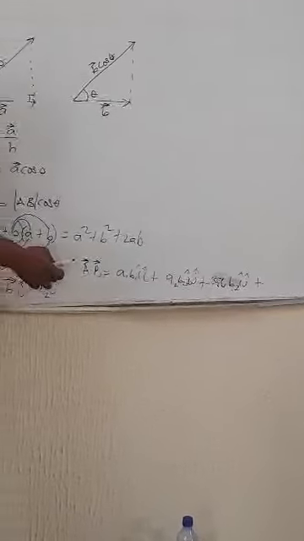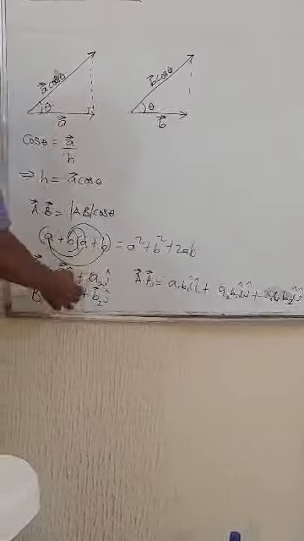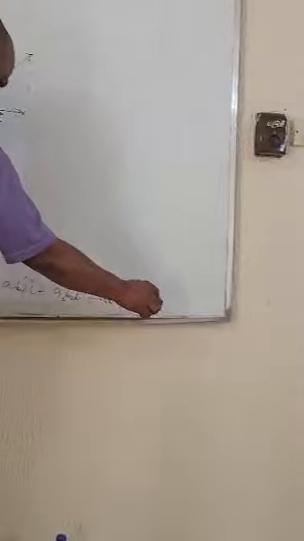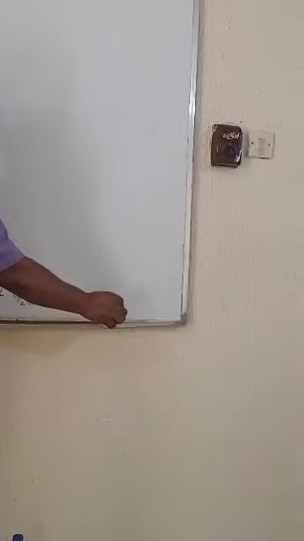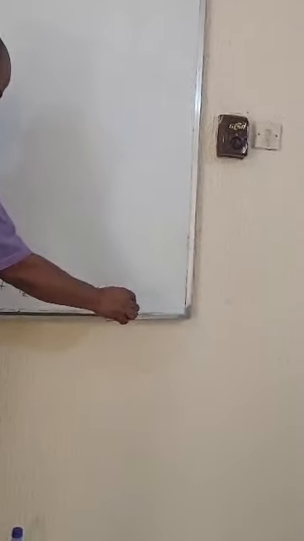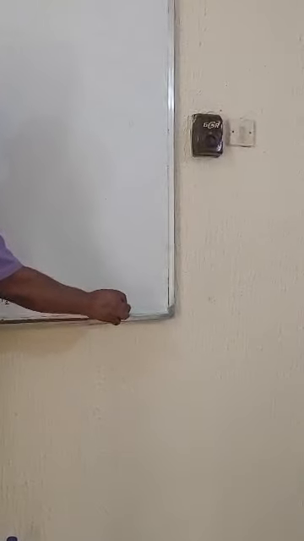Then in the same vein, we also have A sub 2 j hat and B sub 1 i hat. So let's say A sub 2 B sub 1 i hat j hat.